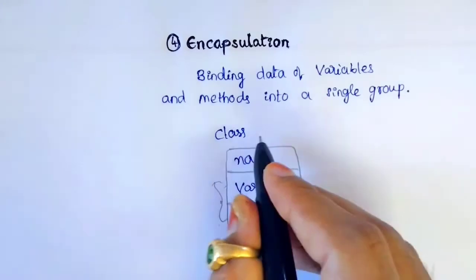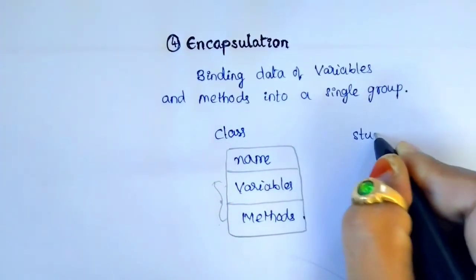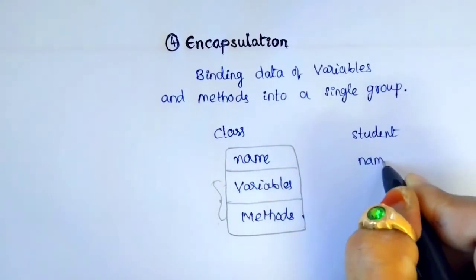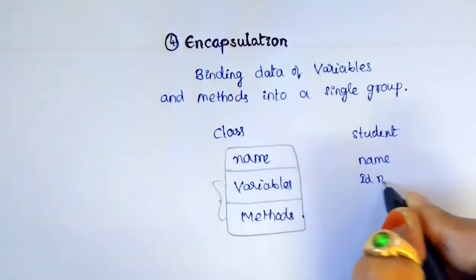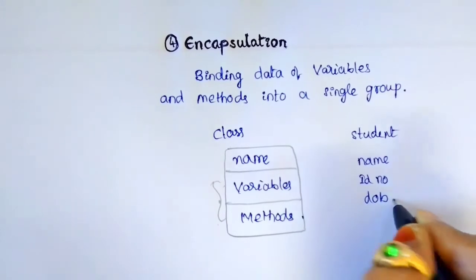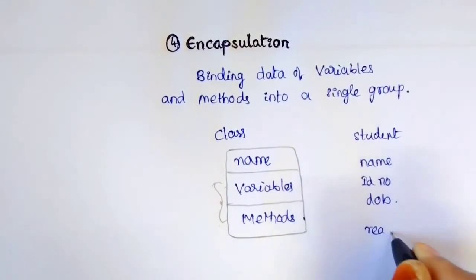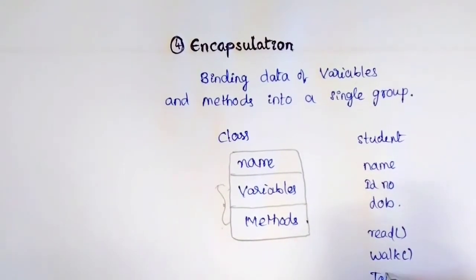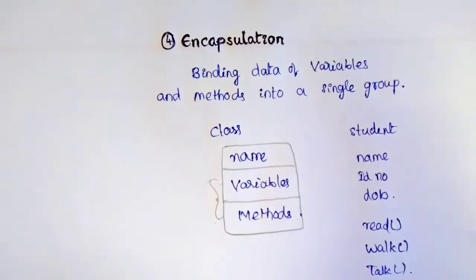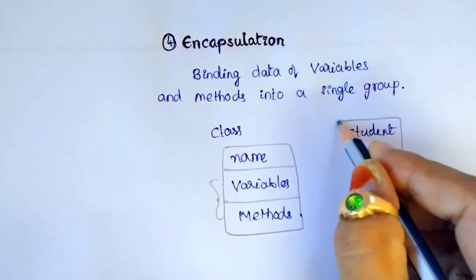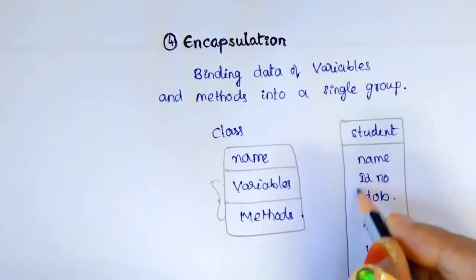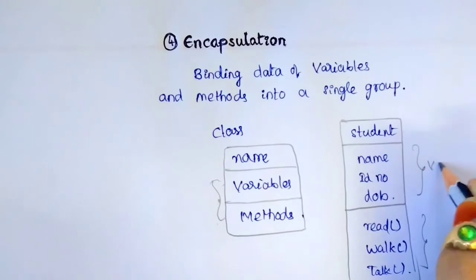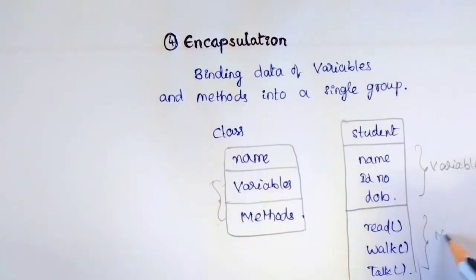For example, class student has variables: student name, ID number, date of birth, and the methods are read, walk, talk, etc. So these are variables, and these are methods.